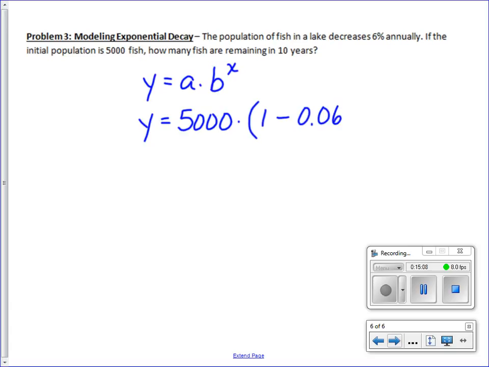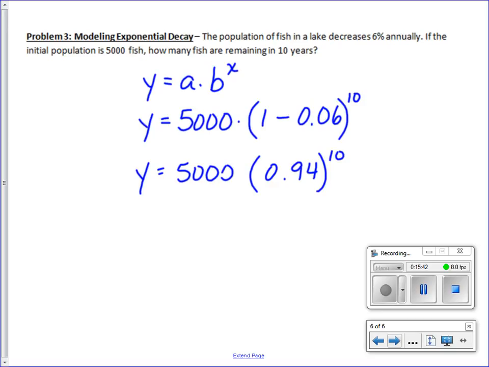That's expressing 6% as a decimal, and we want to take that away from 1, which would represent 100% of the fish. And then we want to raise that to the power of 10, which shows the number of time periods. Again, let's do this in a couple of steps. 1 minus 6 hundredths would be 94 hundredths, and raise that to the 10th power.